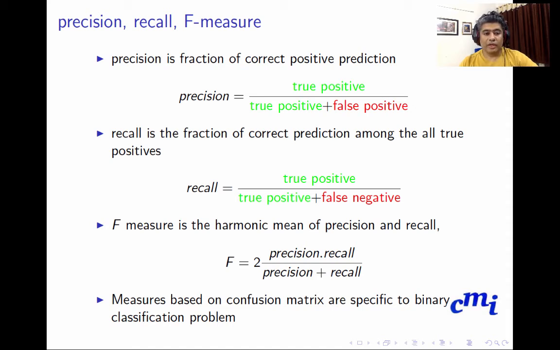So oftentimes people take the harmonic mean of precision and recall, which is 2 times precision times recall divided by precision plus recall. That is called F measure. The measures based on the confusion matrix are specific to the binary classification problem.